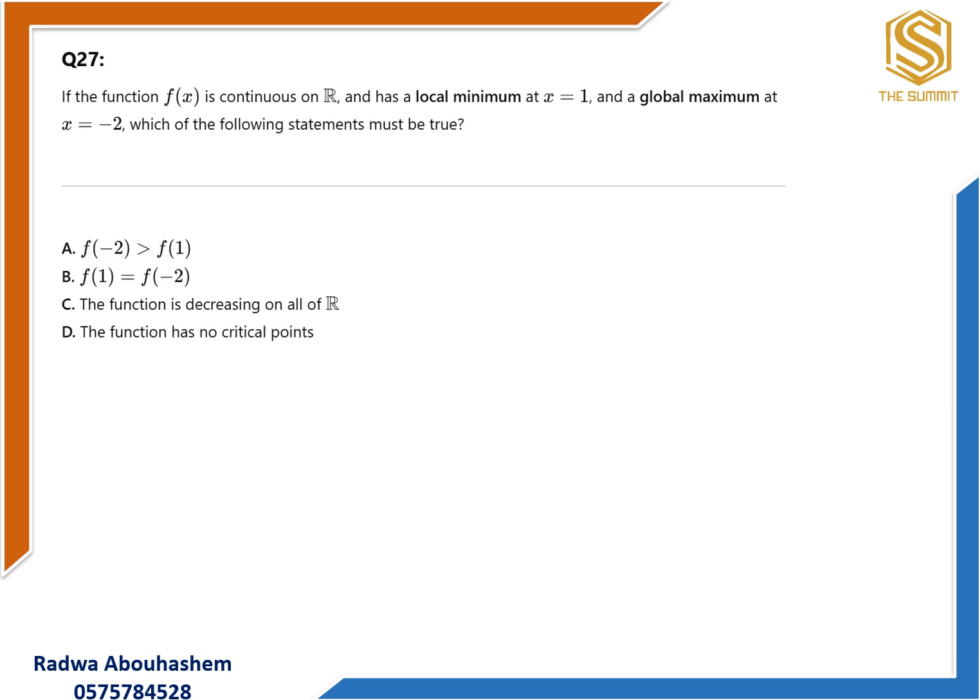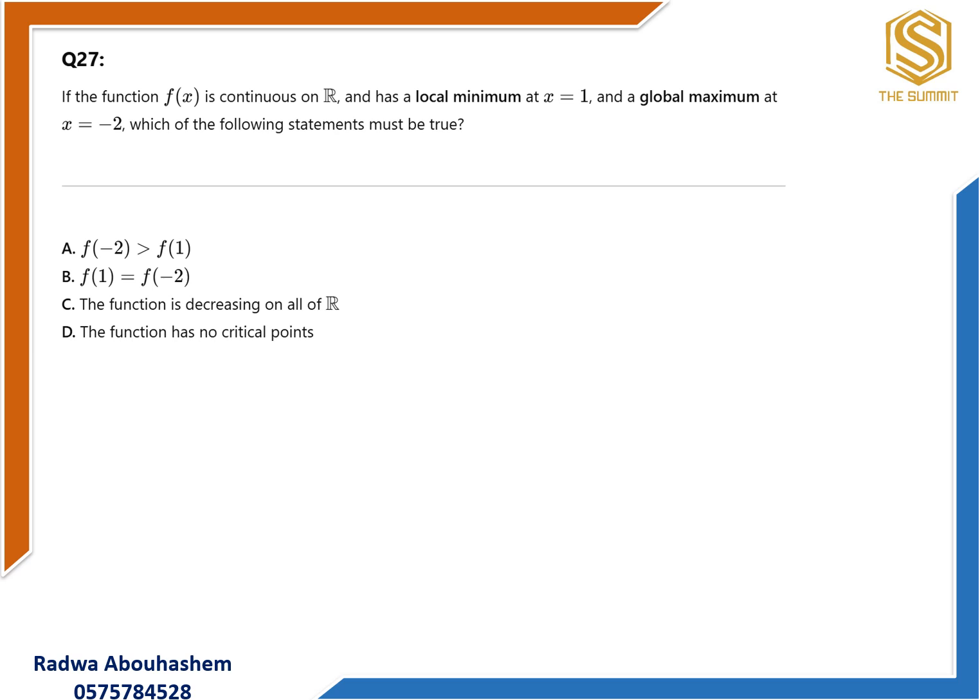If the function of x is continuous on R and has a local maximum at x equal 1, and a global maximum at x equal -2, which of the following statements must be true? So the maximum point is when x is equal to -2, and the lowest point would be at x equal 1. So the first one, the function of -2 greater than the function of 1.